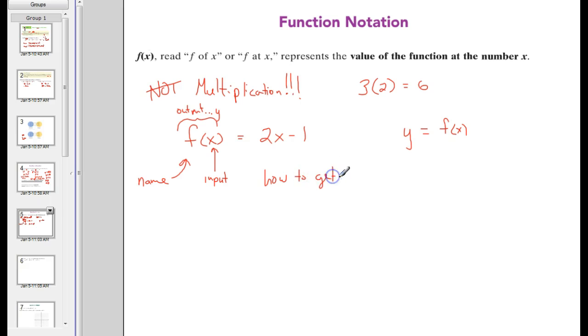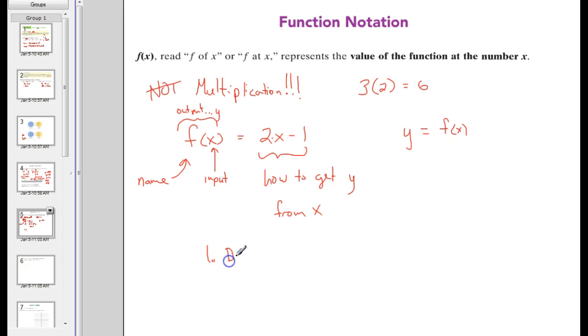But this is just like how to get y from x. And you think of this as like a set of instructions. Alright, what do I do to get y from x? The first thing I do is, and it's just order of operations, the first thing I do is a multiplication, subtraction, so I'll multiply first.